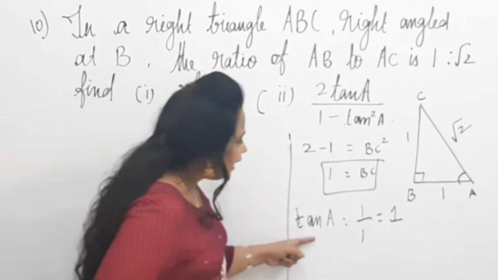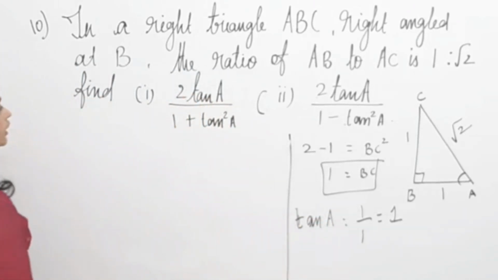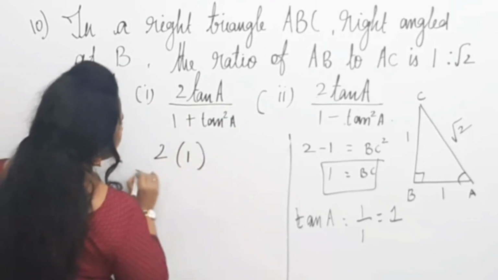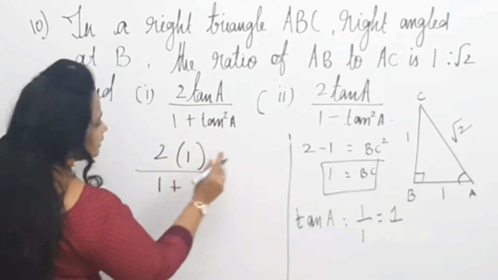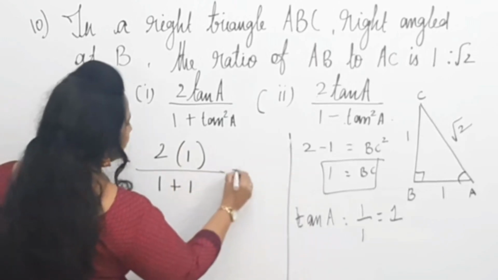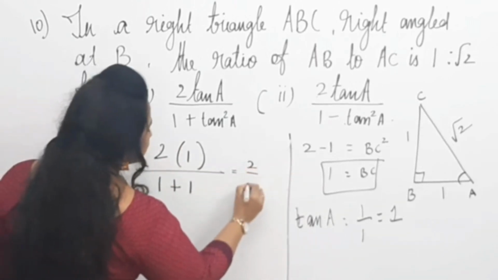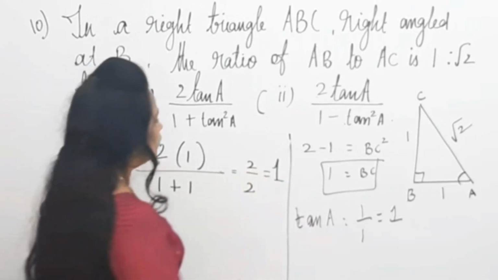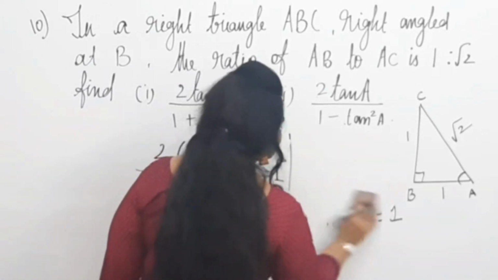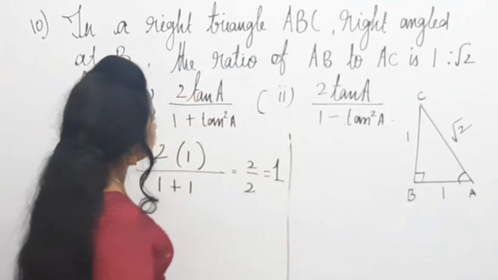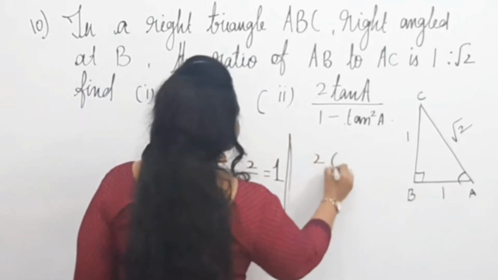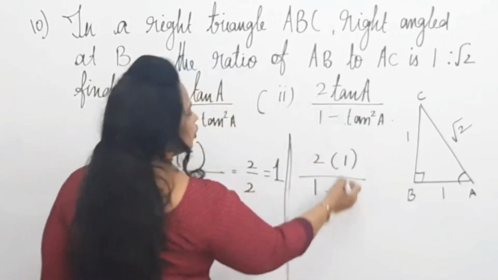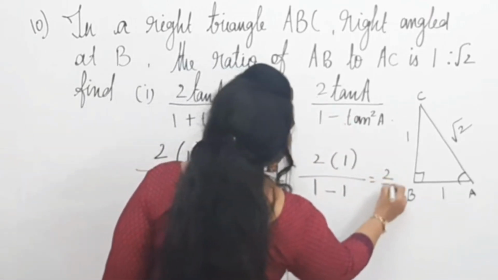So I got my tan A is equal to 1. I would substitute in my expression that says 2 into tan A, which is 1, divided by 1 plus tan square A, that is 1 square, nothing but 1, that is 2 by 2. My answer is just 1. And I'm going to substitute in the second expression, which is 2 into tan A, which is 1, divided by 1 minus 1 square, which is 1, which is equal to 2 by 0.